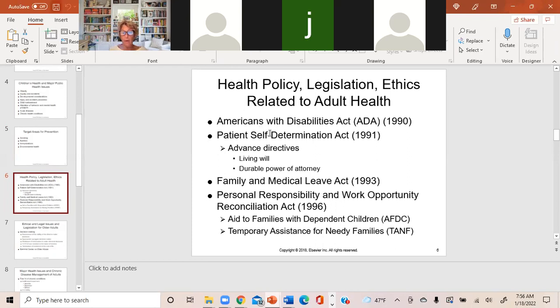Okay, I can tell you right now, Americans with Disabilities is the protection of people with disabilities. Patient Self-Determination Act is patients have to have everything in writing. Okay. Advanced directives, that's where living will, power of attorney. Family Medical Leave Act protects employees going out on a leave to take care of themselves or a family member.